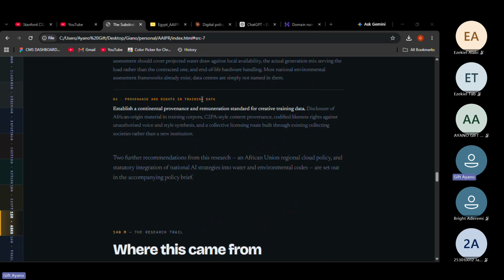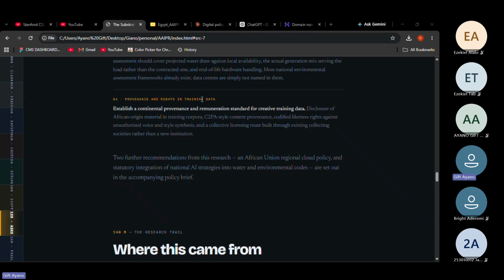I talk about this C2P. I think it stands for the Coalition for Data Provenance and Authorization, if I'm correct. I can't remember the exact meaning of C2P, but basically the idea is like having an ingredient list.